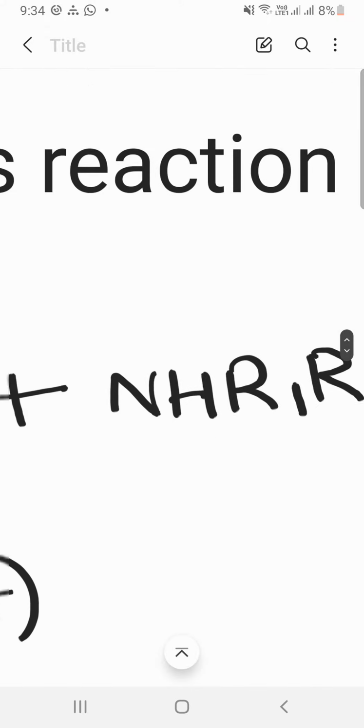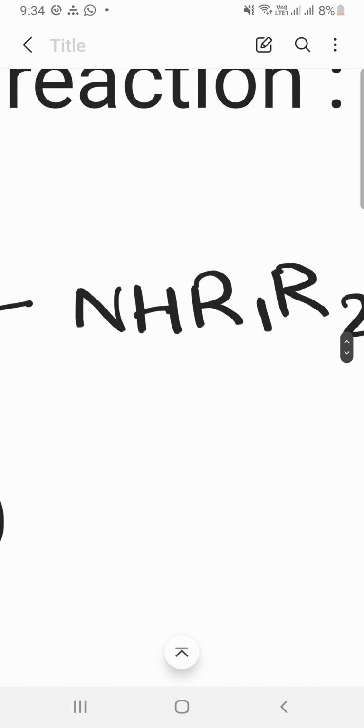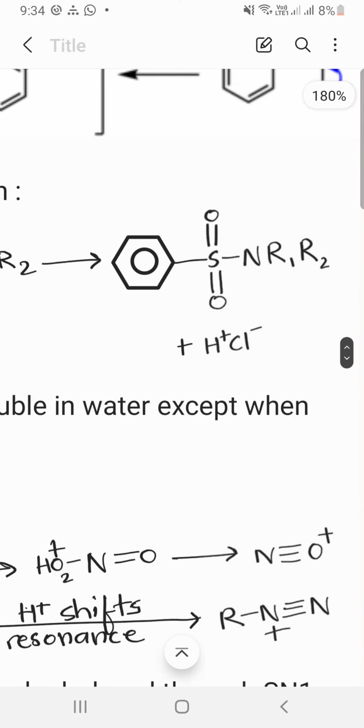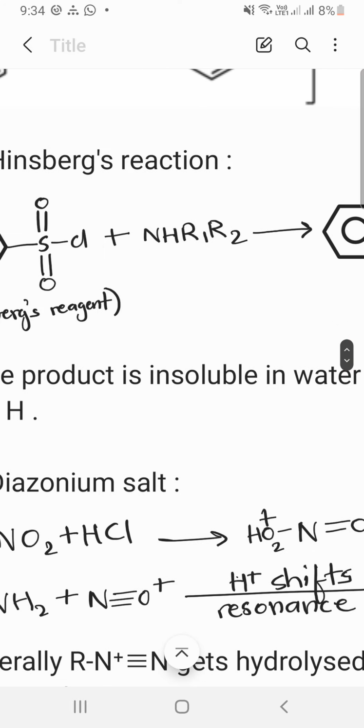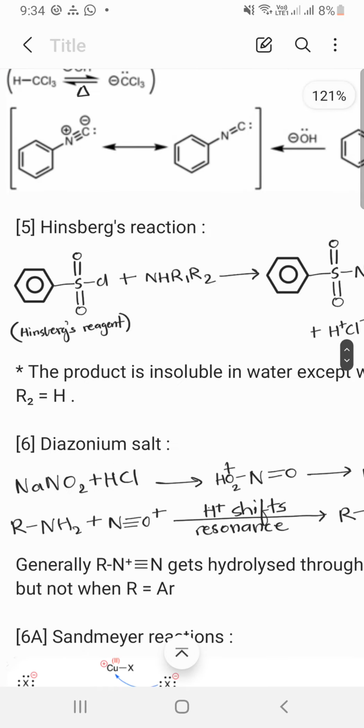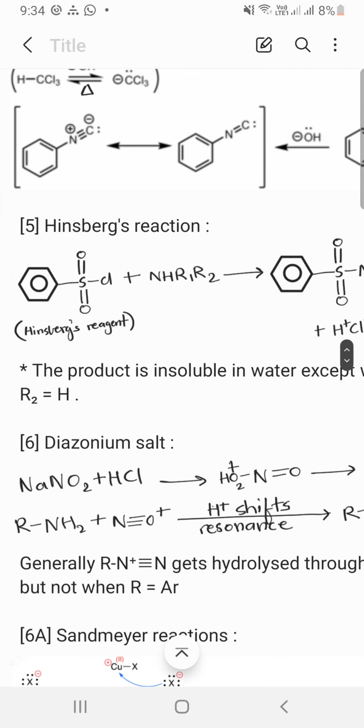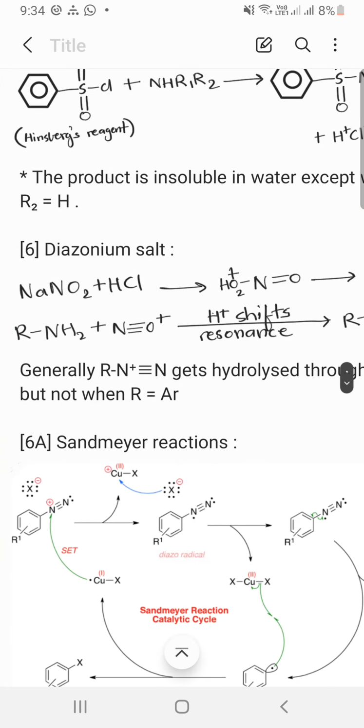If this amine is 1 degree, then this product will be soluble. Not bad. It looks like a straightforward reaction, so not bad at all.